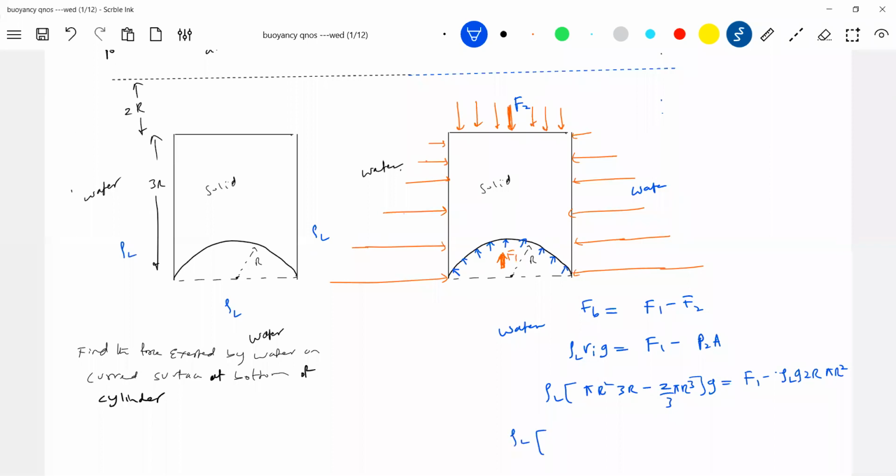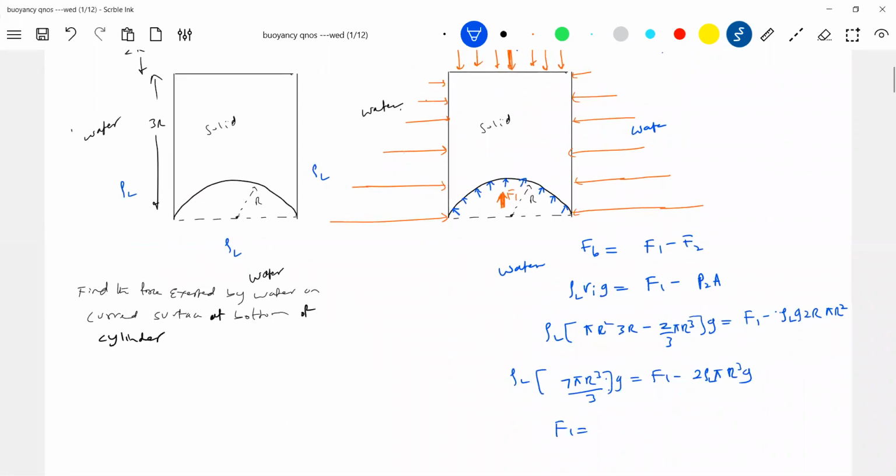Rho L, this will be 9 minus 2, 7 pi R cube by 3 g, plus 2 rho L pi R cube g.